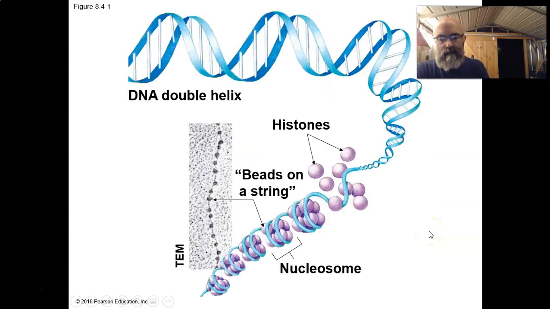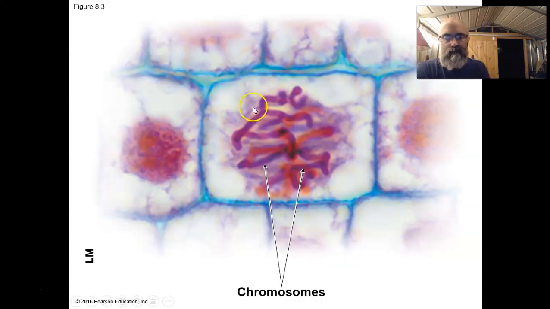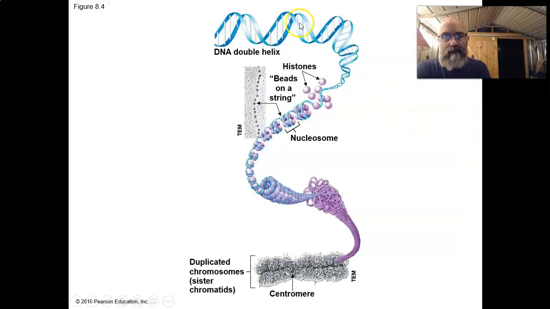Okay, so what we see here at the bottom, this chromosome is what we see in the middle. So these long worm-like looking things, those are the tightly compacted chromosomes. The chromosomes are also over here, and also over here, but they're in this form.